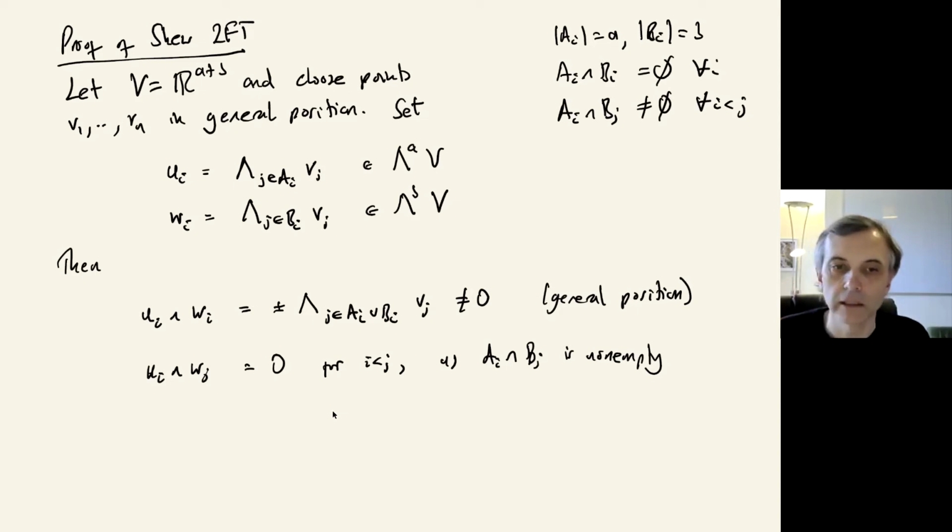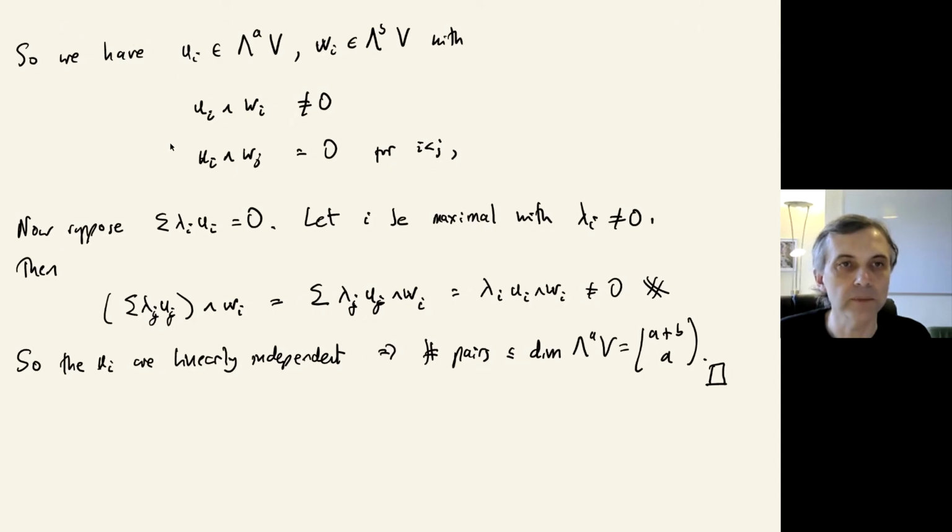So again, the properties I've got, let me move to the next page. We've got some vectors ui in the a-th exterior power, wi in the b-th exterior power, and all we need is that ui wedged with wi is non-zero, and ui wedged with wj is 0 when i is less than j. Okay, so that's what comes out.